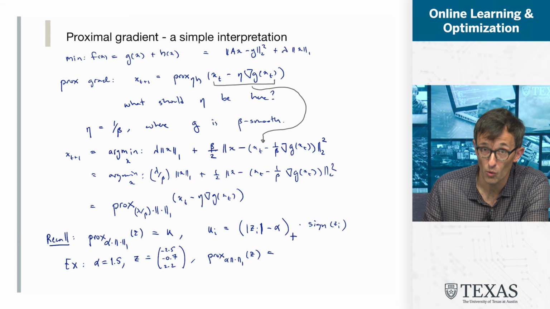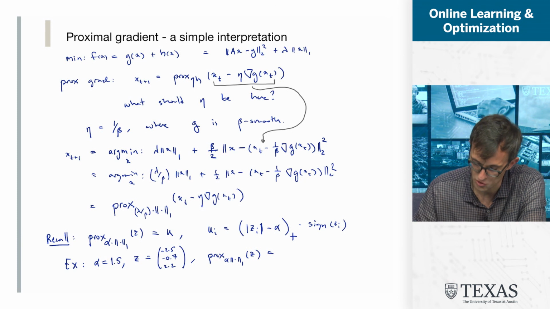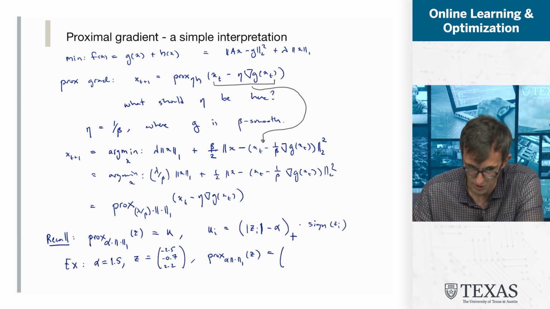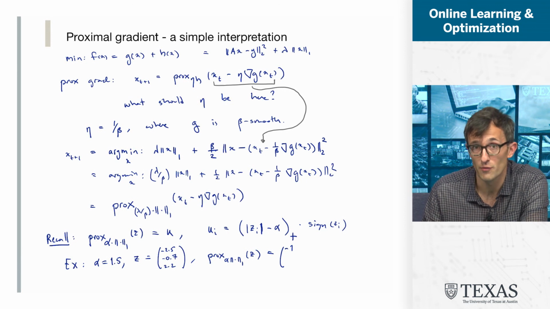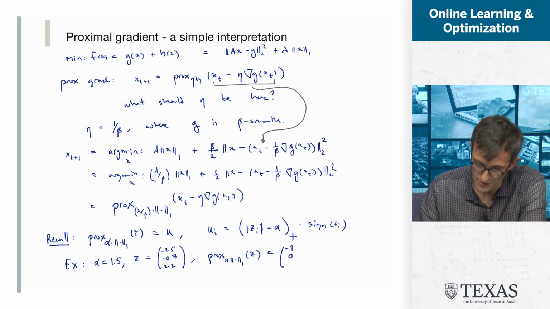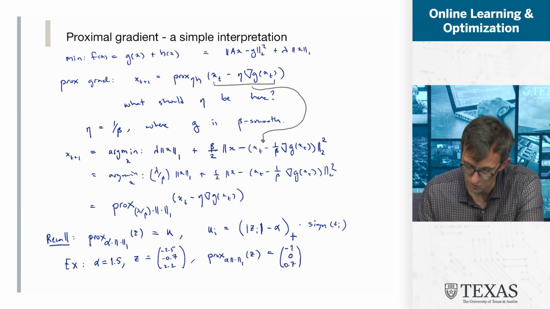It's going to shrink towards 0 by 1.5 whenever that's possible. Minus 2.5 is farther than 1.5 from 0, so that shrinks it to minus 1. Minus 0.7 is less than 1.5 away from 0, so that shrinks it directly to 0. And 2.2 is more than 1.5, so this shrinks it to 0.7.